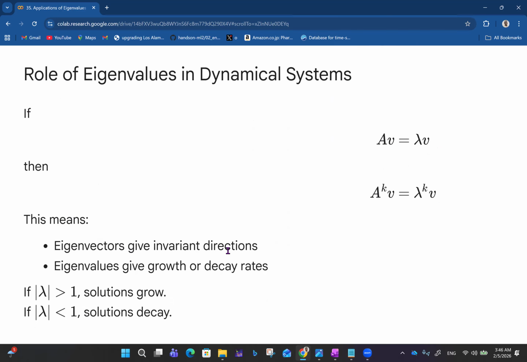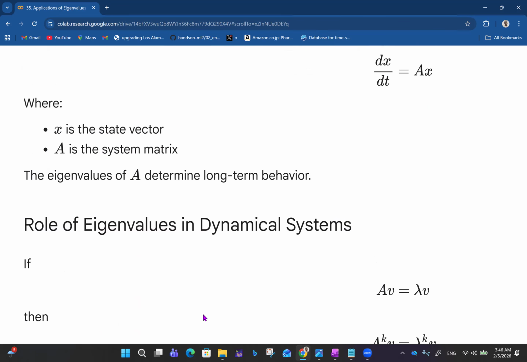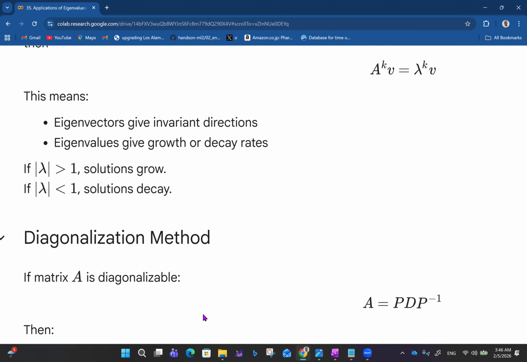This means that eigenvectors give invariant directions, the directions don't change, and eigenvalues give growth or decay rates. So if the absolute value of lambda is greater than 1, the solutions will grow. If the absolute value of lambda is less than 1, the solutions will decay. That's what happens for dynamical systems.